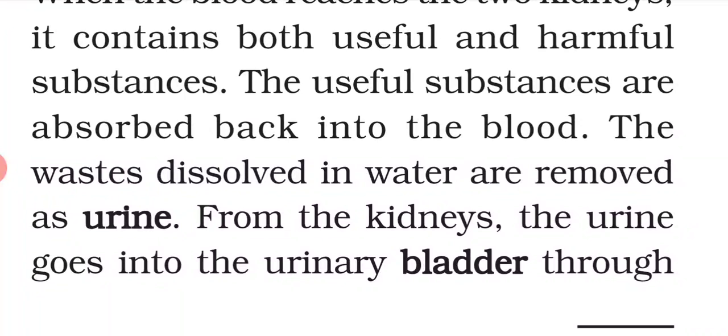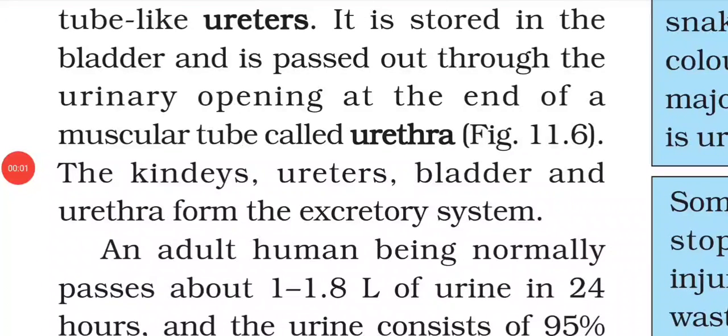From the kidney, the urine goes through a tube-like structure called the ureter and is stored in a muscular bag-like structure called the urinary bladder. After that, it is removed from the body through a muscular opening called the urethra.